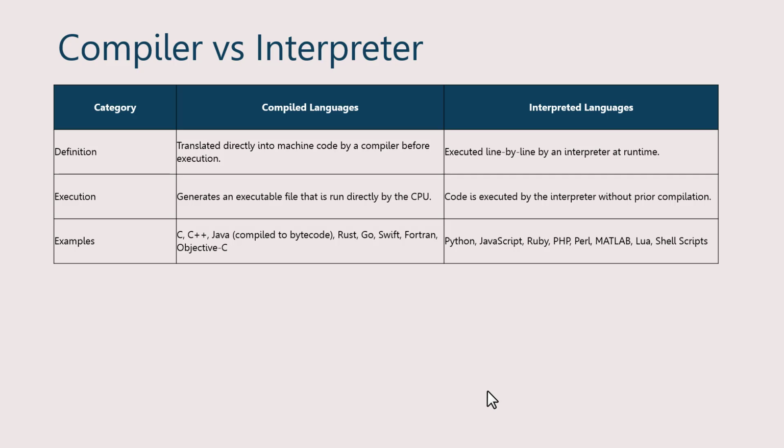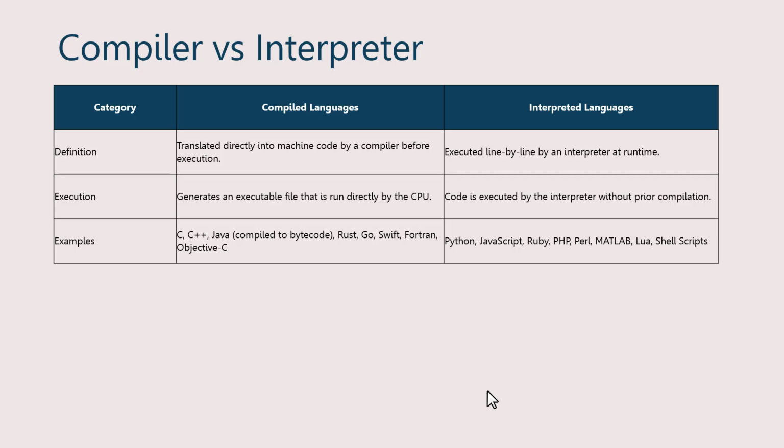In a compiled language, generally we compile the program only once and get the executable file, and now we can run the executable n number of times. Whereas when it comes to an interpreted language, we have to use the interpreter for every execution. Every time you run the code, you have to use the interpreter to run the code.